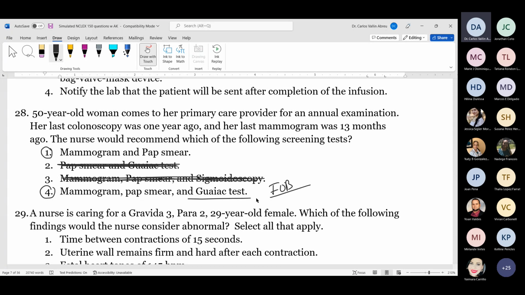Independently, you have your colonoscopy every 10 years, or your sigmoidoscopy every 5 years, or your barium enema every 5 years. So what is more complete? 4, because it's including the WIAC test. This is the defense of this option.